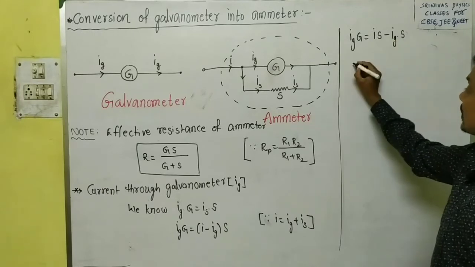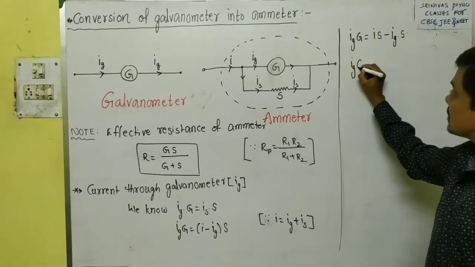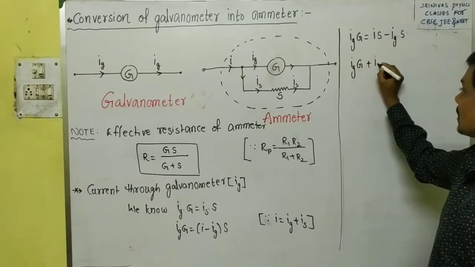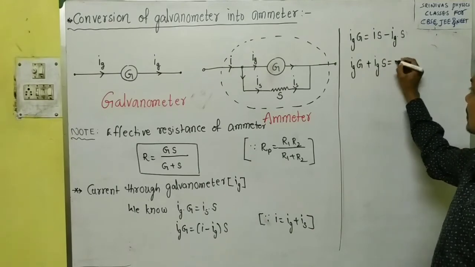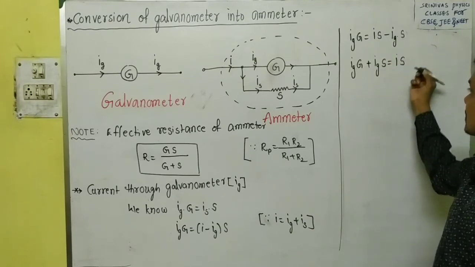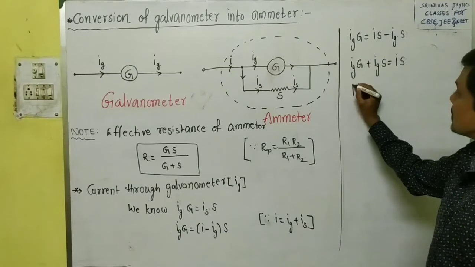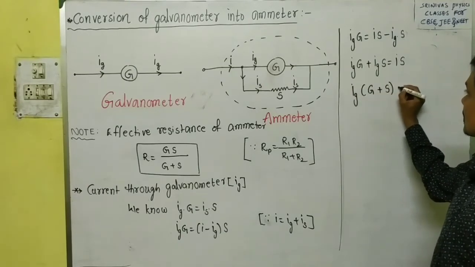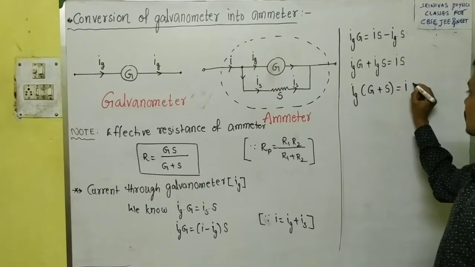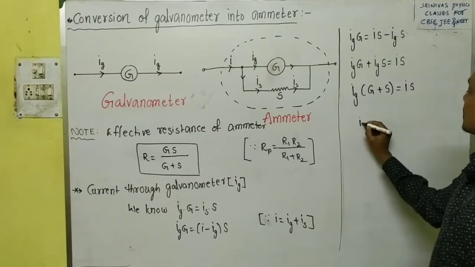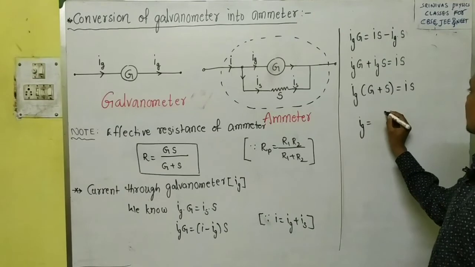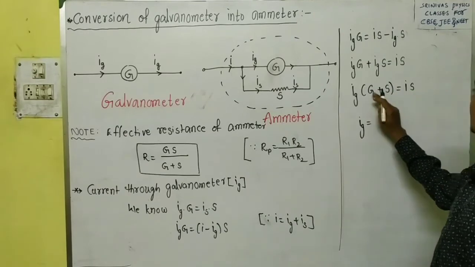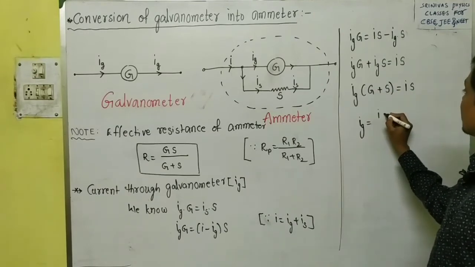Ig taken to the left side, Ig G plus Ig S is equal to I into S. Then here Ig is common, we get Ig into G plus S is equal to I into S.